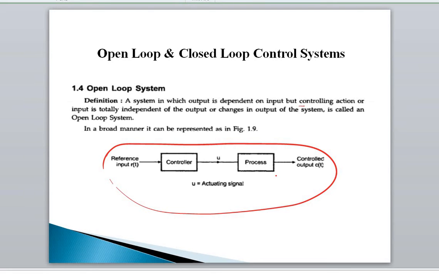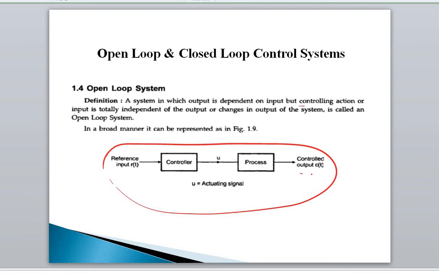As you can see in this diagram, the reference input is the calibrated input. For example, you need a temperature of 24 degrees centigrade in the room. That input is calibrated for 24 degrees centigrade and given to the controller. The controller gives the signal in the form of heat or whatever to the process to get a temperature of 24 degrees centigrade, and it is adjusted such that you will get that temperature.